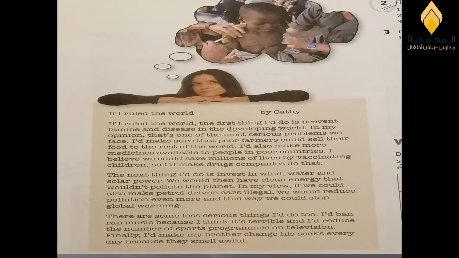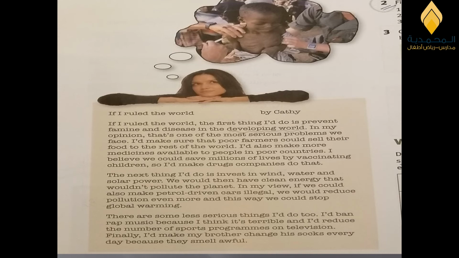Paragraph 2. The next thing I'd do is invest in wind, water, and solar power. We would then have clean energy that wouldn't pollute the planet. In my view, if we could also make petrol-driven cars illegal, we could reduce pollution even more. And this way we could stop global warming.